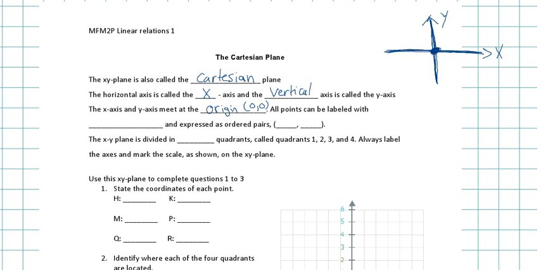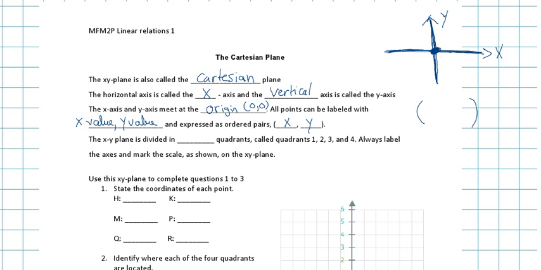All points can be labeled with an x value and a y value. So you must have an x value and a y value, and you will be able to express it as x, y. Here's where I want your attention. When you're looking at a point, you must put the point in brackets.